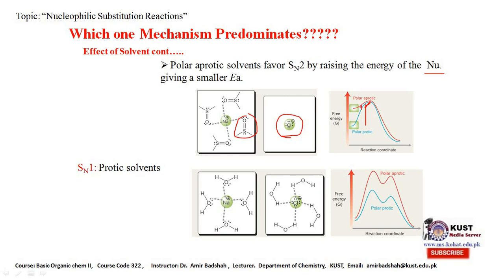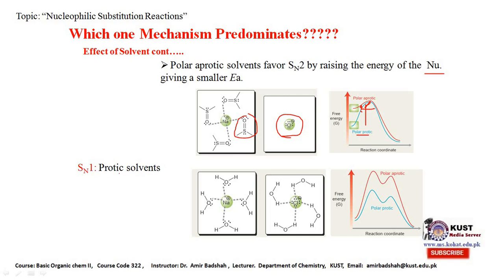So if the activation energy is now less compared to the polar protic solvent, the reaction rate will be high because less energy will be needed to pass through this transition state.